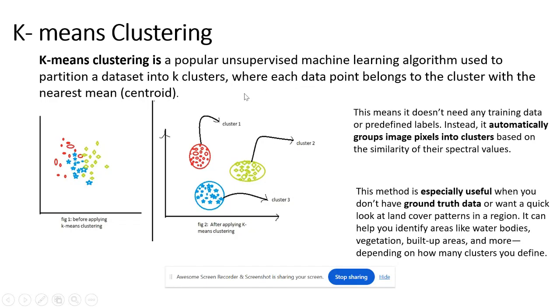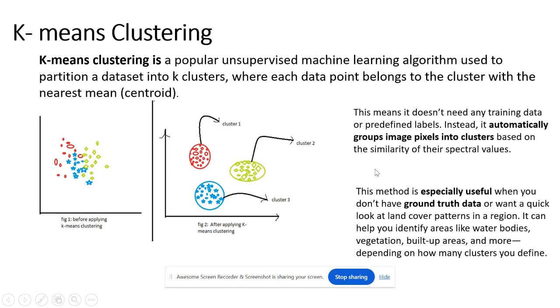So if we see these graphs, this is the data before applying K-means clustering, and this is after applying K-means clustering. This data here will be clustered based on the nearest centroid.